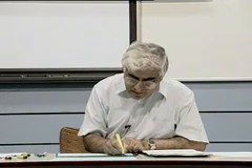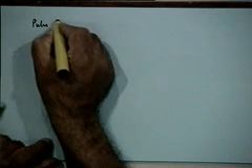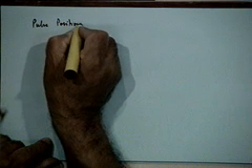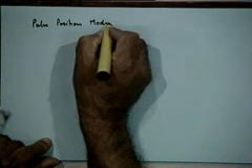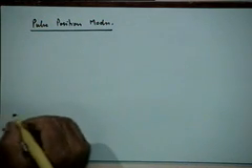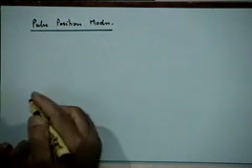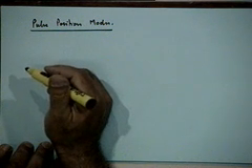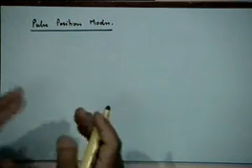Let's now come to pulse position modulation. So what is pulse position modulation? As the name implies, now you will not have variable width pulses or variable amplitude pulses. You will have pulses whose positions from some fixed reference position are proportional to the message signal.